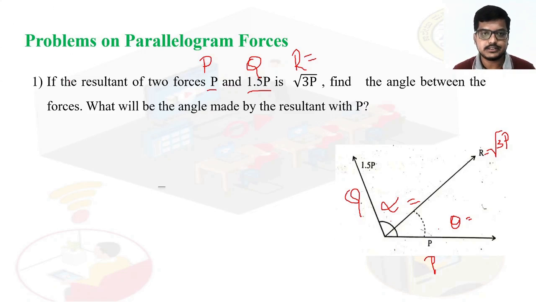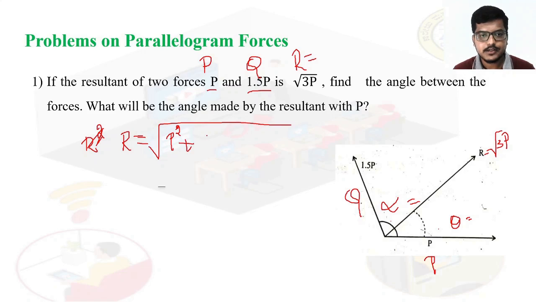So we know the formula that we derived in the last session. The famous formula: R is equal to root of P square plus Q square plus 2PQ cos alpha.